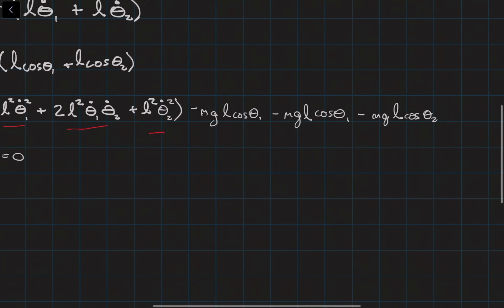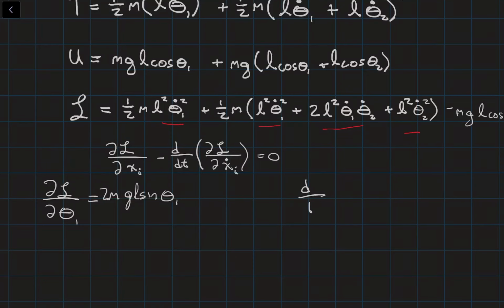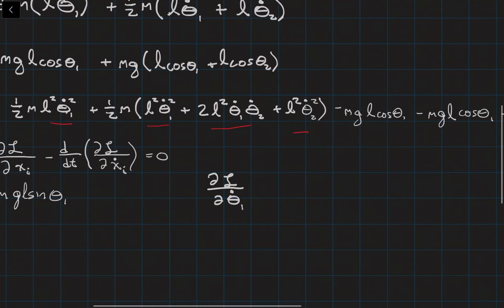And then we will need to take the time derivative of the partial derivative of the Lagrangian. Well, let me back up. We'll do this one at a time. So the partial derivative of the Lagrangian with respect to theta 1 dot, that's what we need to find now. So this first term here, just take a normal derivative.